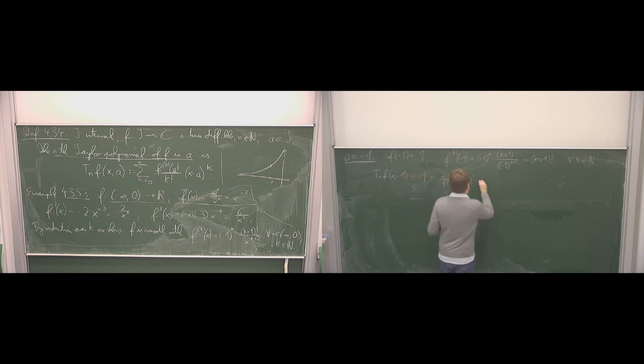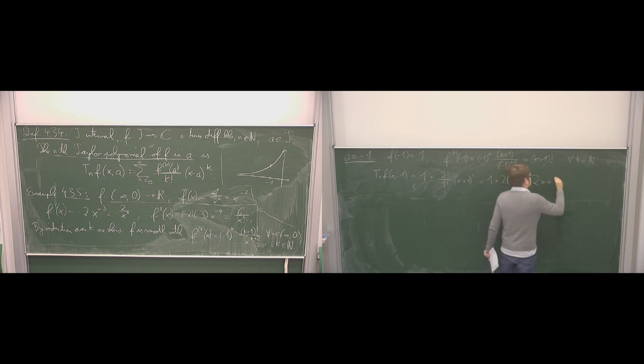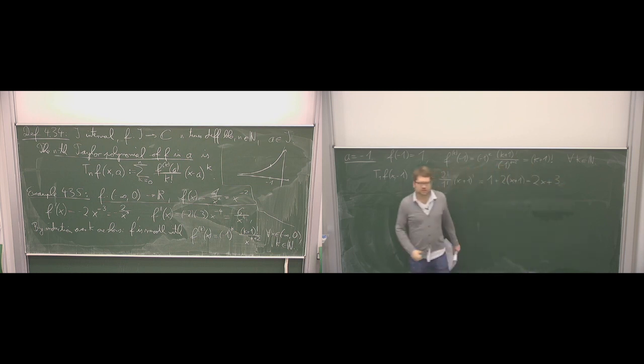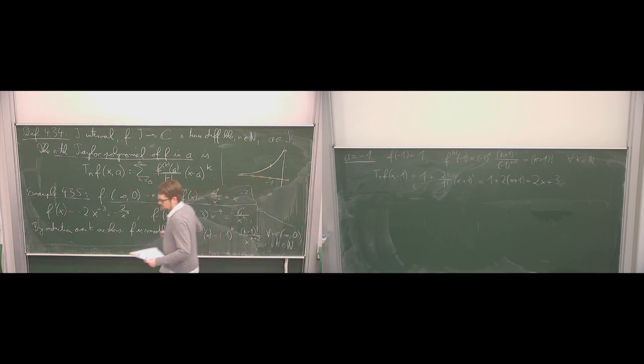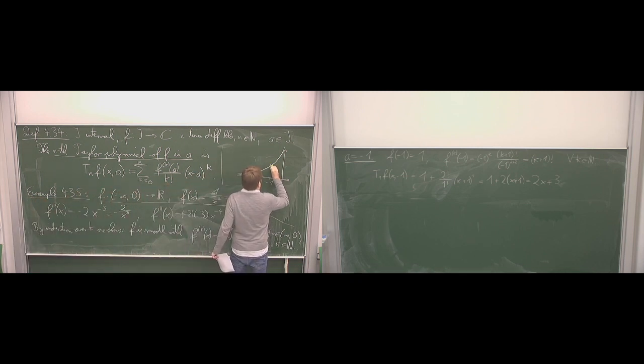Of course, this is just 2 over 1, so this is 1 plus twice x plus 1, and this is simply 2x plus 3. So this would be the line that we would have here for this function. Okay, so this would be the tangent line here.